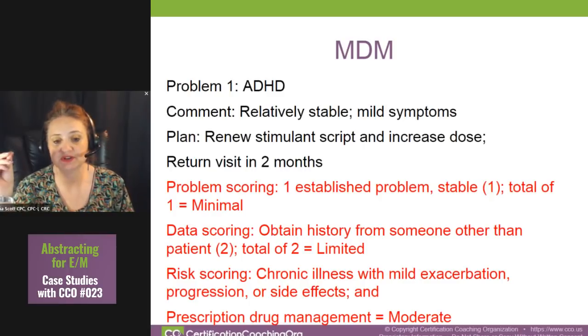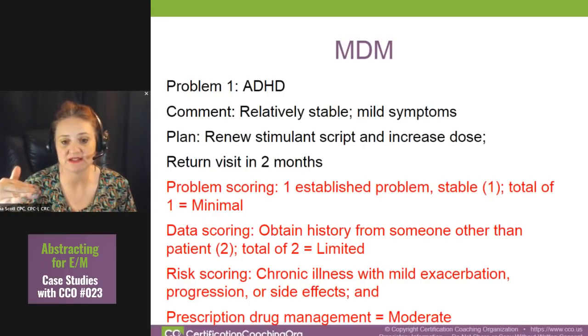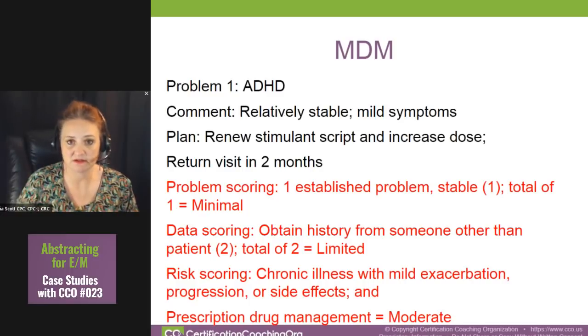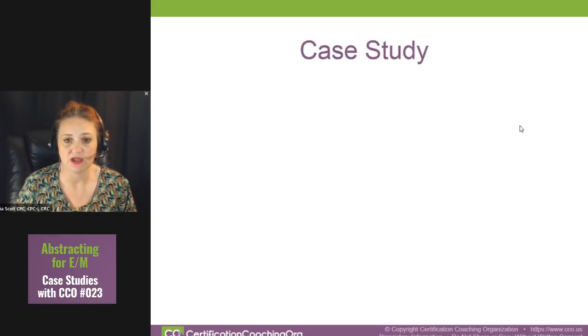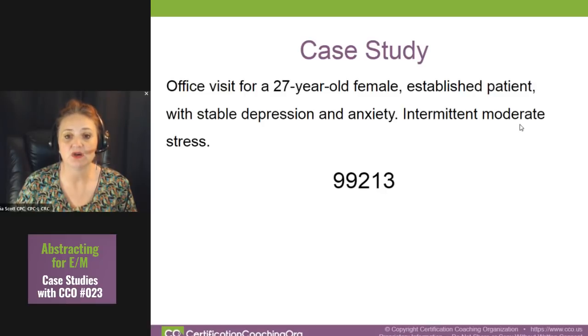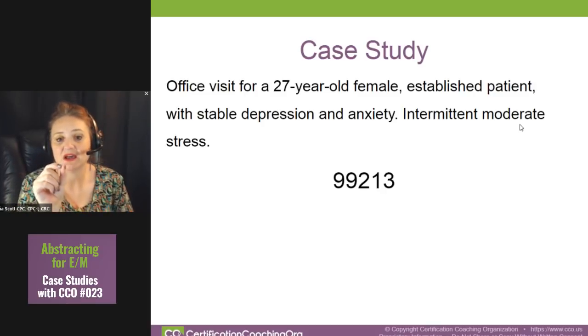And then prescription drug management, and that's moderate. So again, we have minimal, limited, and moderate. For an established patient, we only need 2 of 3 when we're getting the final E&M score. And that was supposed to be taken out. All right, so do you see how we got a 99213 off of that, right?